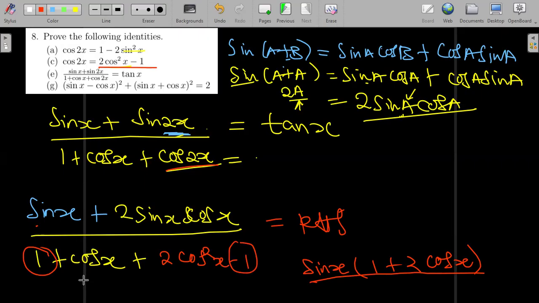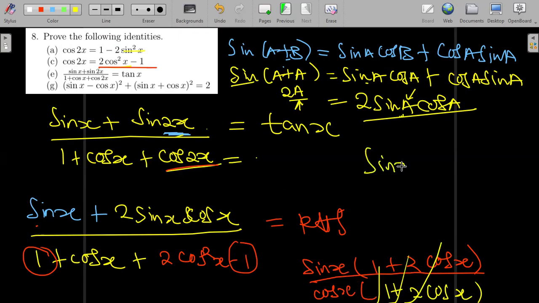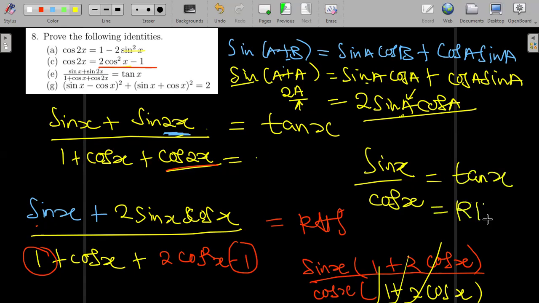So I can factorize a cos x here. In the brackets now I remain with 1 plus 2 cos x, and this part here can cancel because it's the same thing. So we are only remaining with sine x over cos x, and this is exactly tan x. So this is equal to the right-hand side. Hence proved.